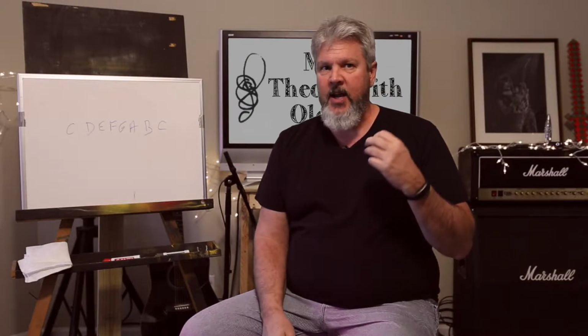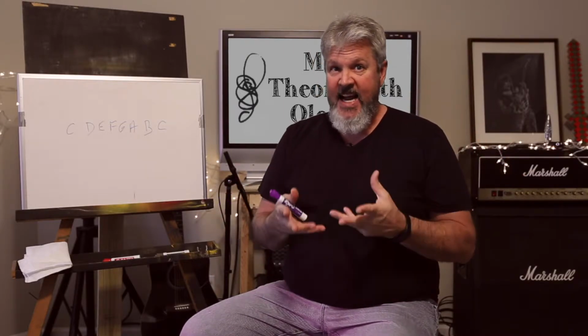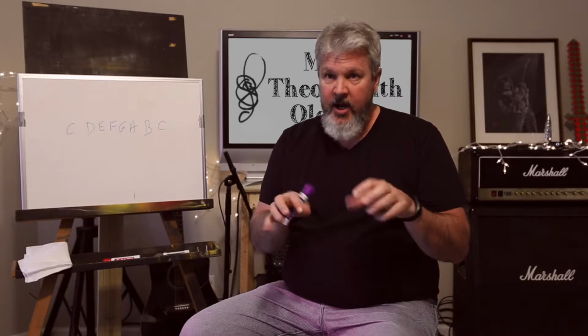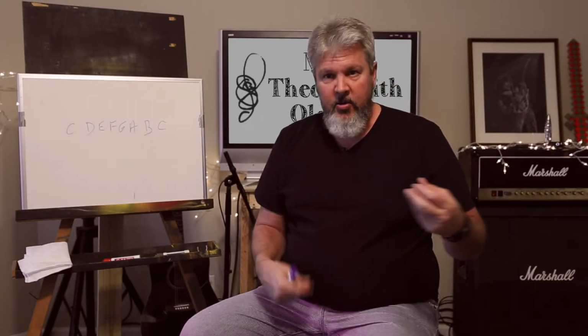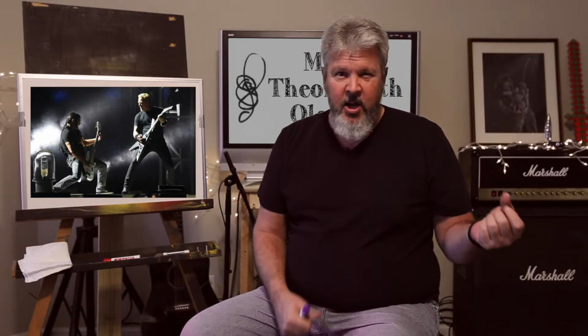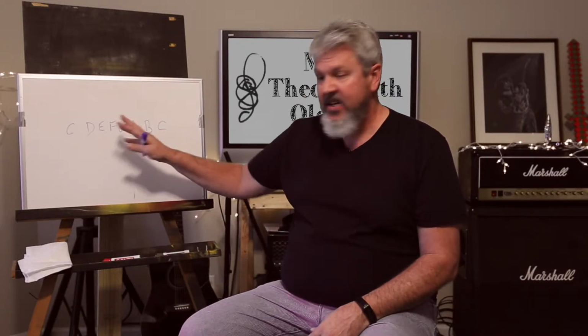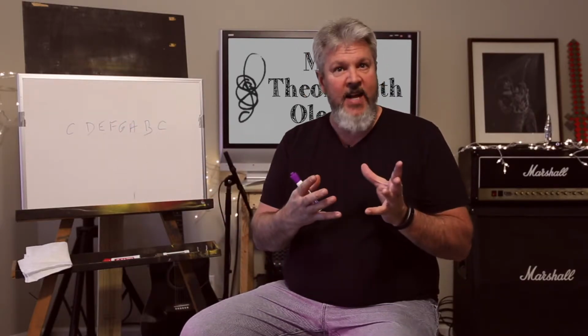Combination of notes can make things sound happy, sad, melancholy, evil. You hear it all the time in all the music you listen to in movies and TV. You'll hear some Metallica, it sounds really dark, but then you'll hear some John Denver and it's really happy. All those tones are built out of scales and notes that go together in that scale.